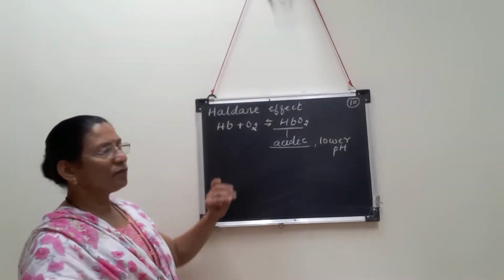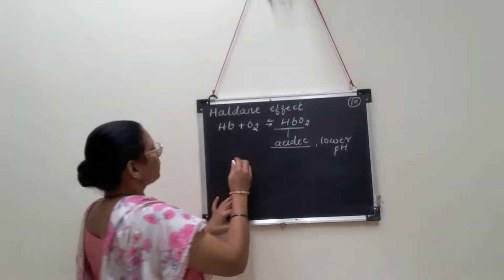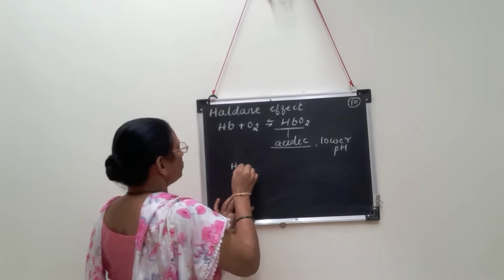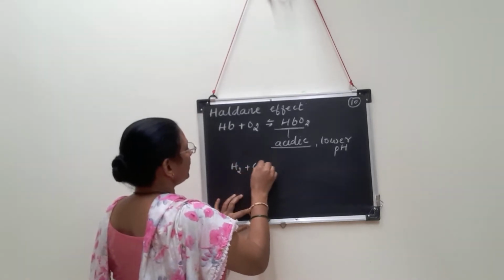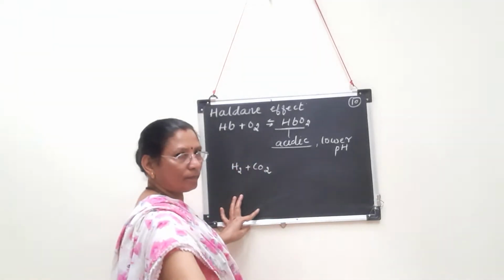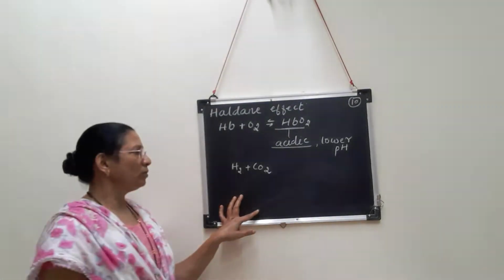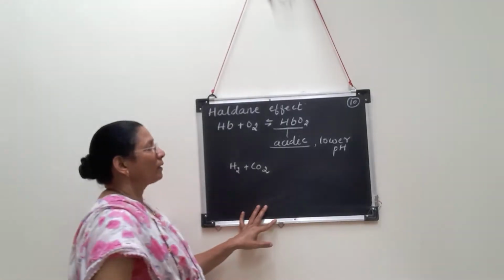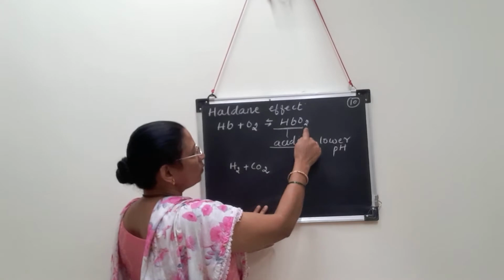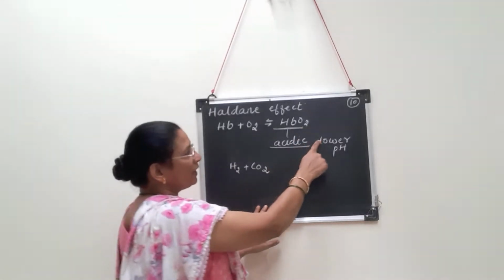So when the acidic environment is there, HbO2 becomes an acid, lowering pH.